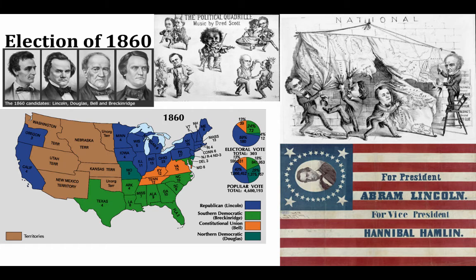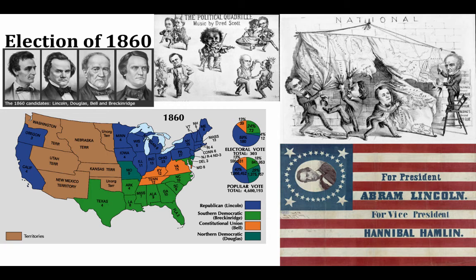And if you look at the results of the election of 1860, you can see that the Democrats run three candidates. There is a Northern candidate, Stephen Douglas. There is a Southern candidate, Breckinridge. And there's even, in the middle states, the Constitutional Union Party, which is a Democrat as well, they run Bell out there.